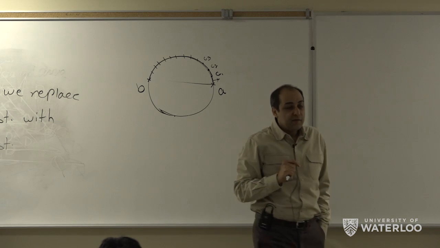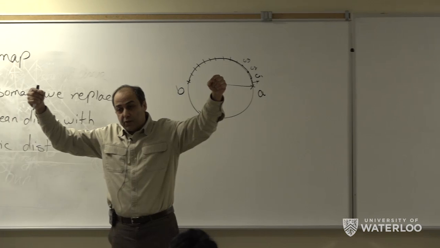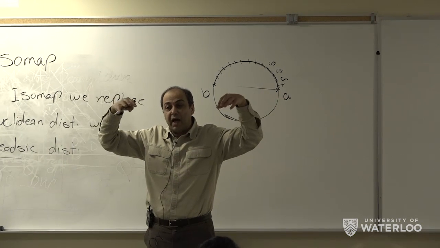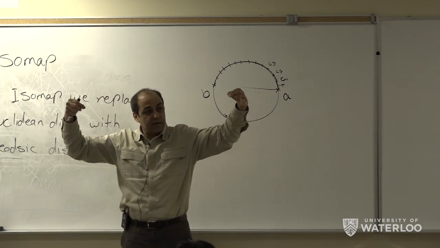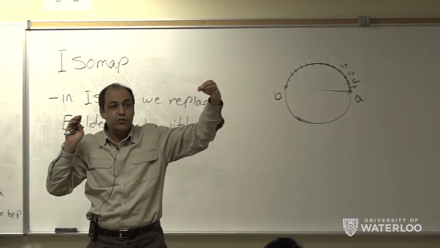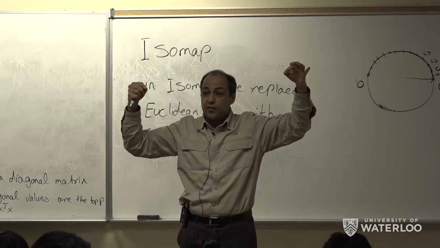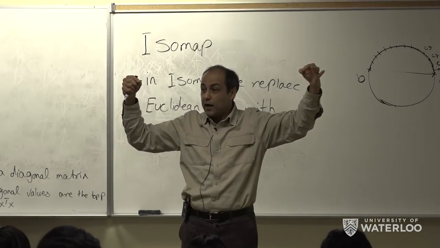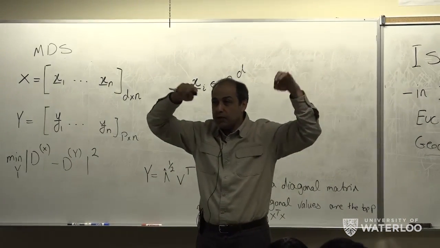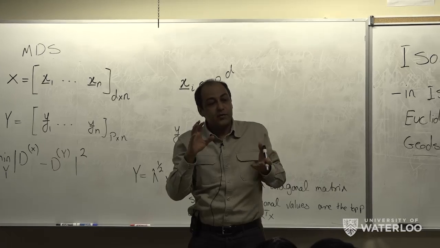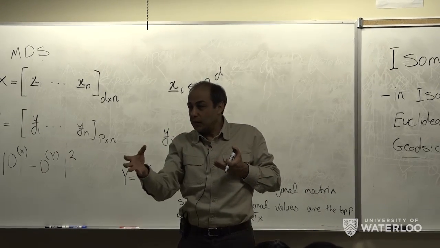Okay? In fact, in graph theory, that's the way to estimate the geodesic distance between 2 points. If you have a graph, from node A on the graph to node B on the graph, you find the shortest path, in the sense that if I want to go from point A to point B, what is the shortest path between these 2 points? There are different algorithms, and on a daily basis, we are using these algorithms.